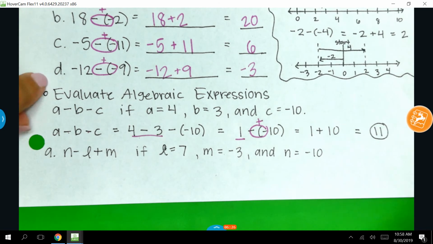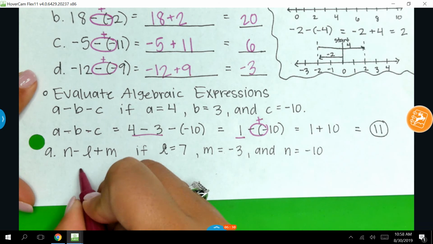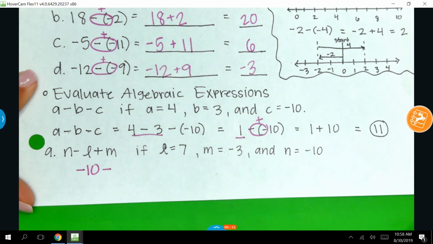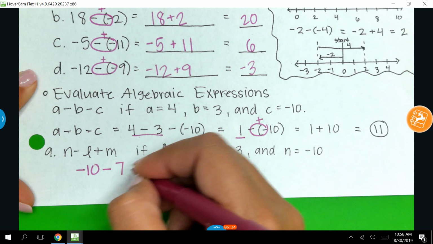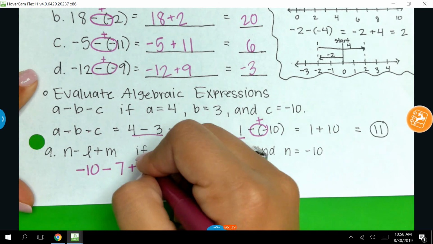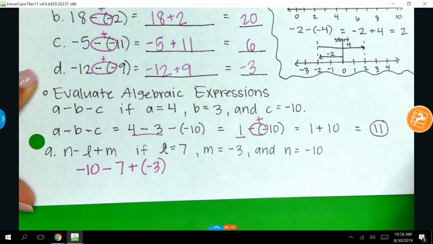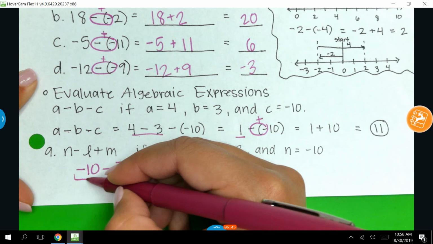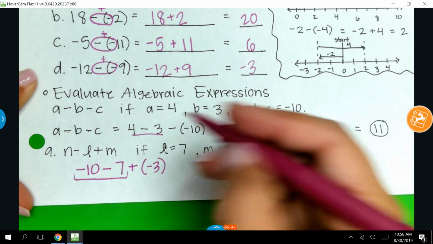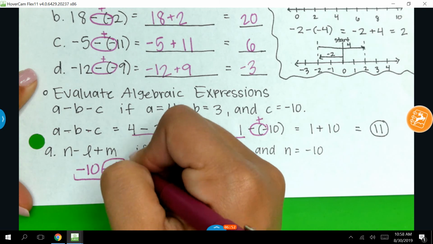Last one, I've got n minus L plus m. So n is what? Negative 10 minus L, which is 7, plus m, which is negative 3. First, I want to take care of those first two numbers. But before I do that, I'm subtracting a positive, which is the same as adding its opposite.